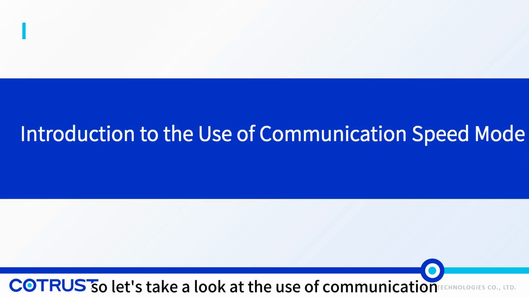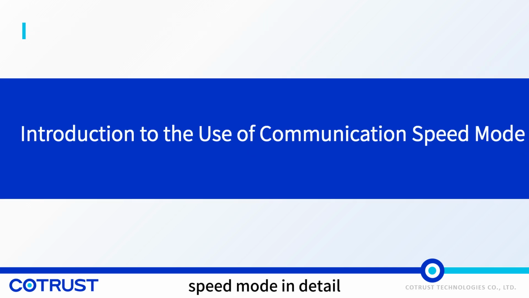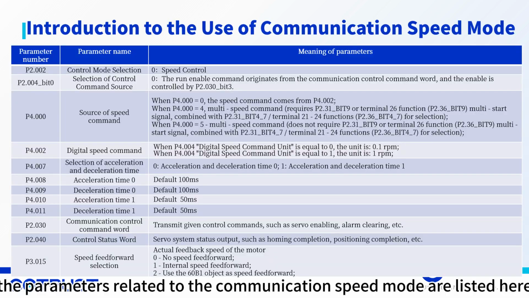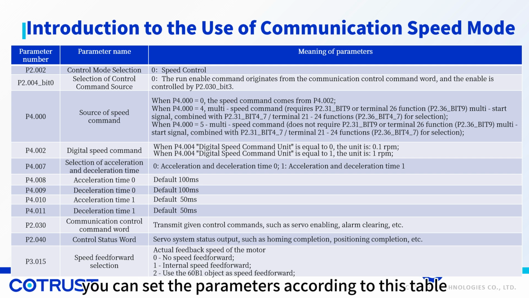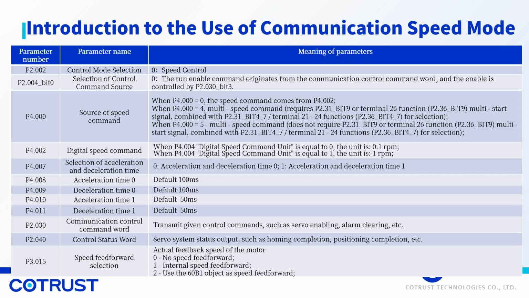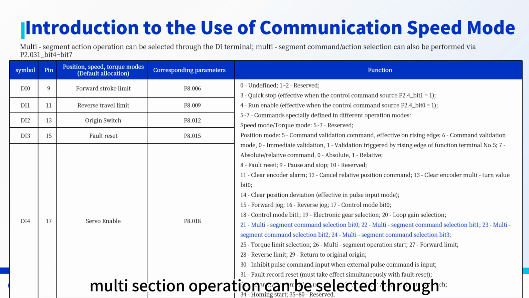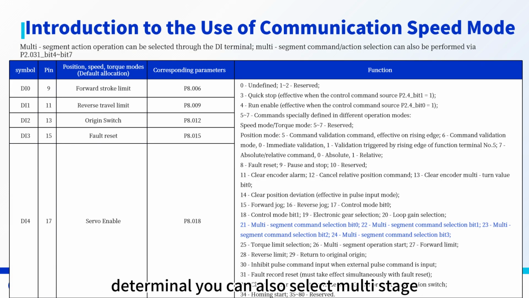So let's take a look at the use of communication speed mode in detail. The parameters related to the communication speed mode are listed here. If you use this mode to communicate, you can set the parameters according to this table. Multi-section operation can be selected through the terminal. You can also select multi-stage.